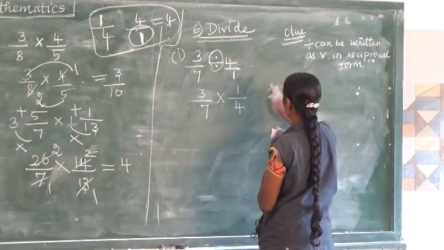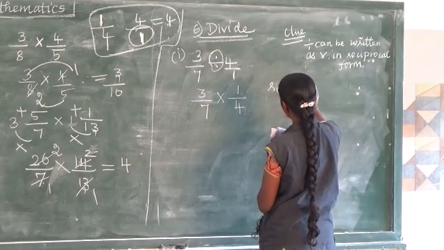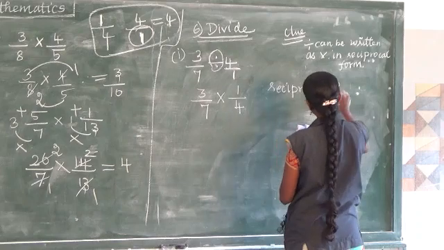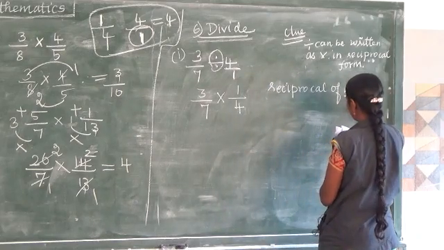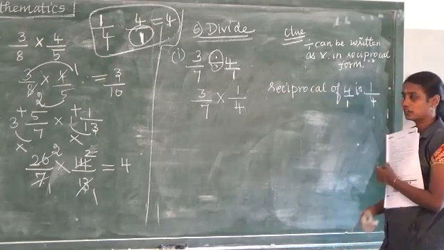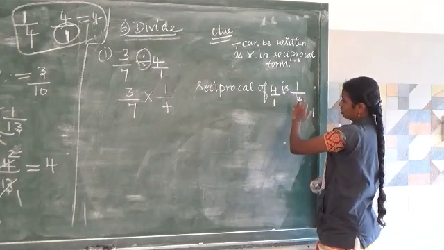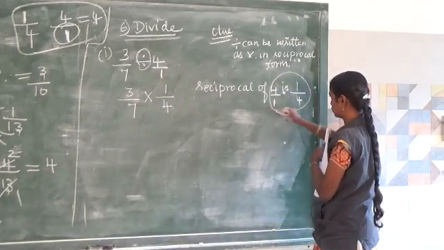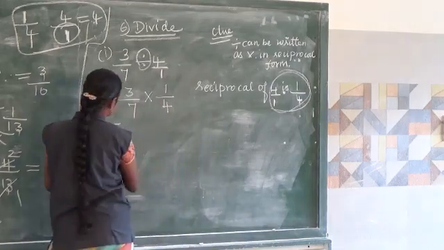The reciprocal of 4 is 1 by 4, because nothing is there in the denominator, I have considered it as 1. If you change the numerator and denominator, that is called reciprocal. It is important. Very easy also, remember this.